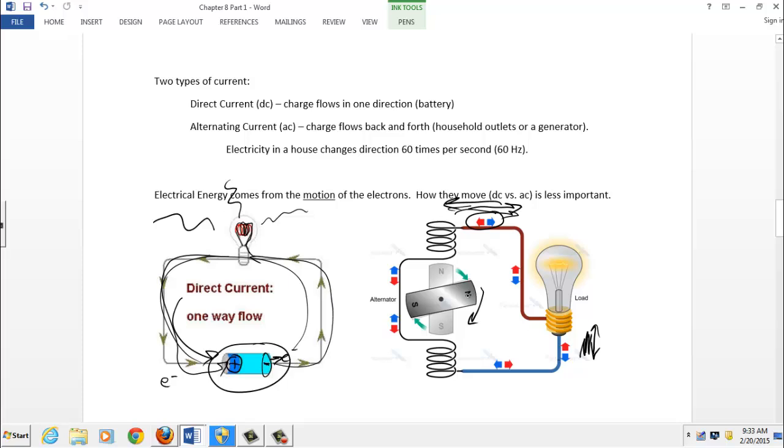And so, let's say the North Pole comes down here, the electrons in this loop of wire can be pushed, and let's just say they're going to be pushed in this direction. And then as the South Pole swings around, the electrons can be drawn back towards the magnet, and the cycle continues as the magnet spins. That generates a current that moves back and forth. It alternates in one direction, then in the opposite direction, and we call that alternating current, or AC.